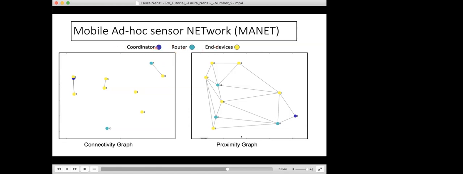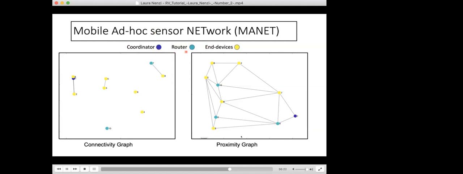There is the coordinator, that is represented here in blue. It is the unique node that is responsible to initialize all the network, and then after this, it behaves as a router. Then there are the routers, this one.